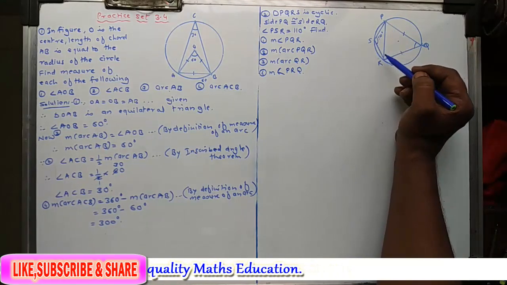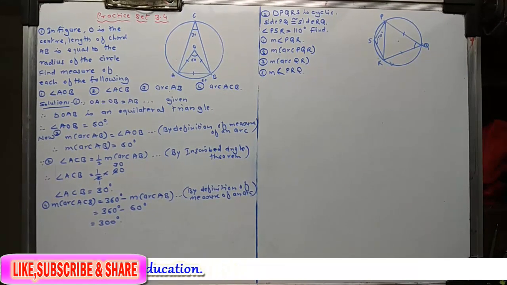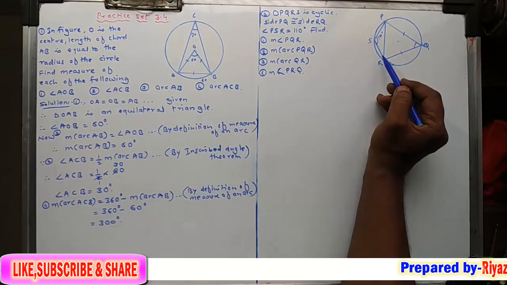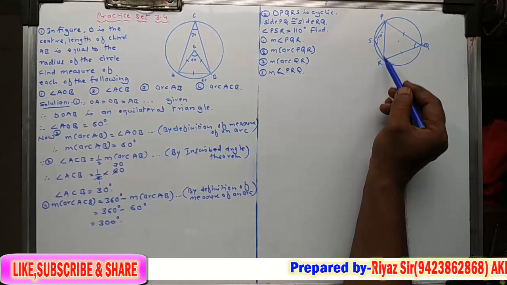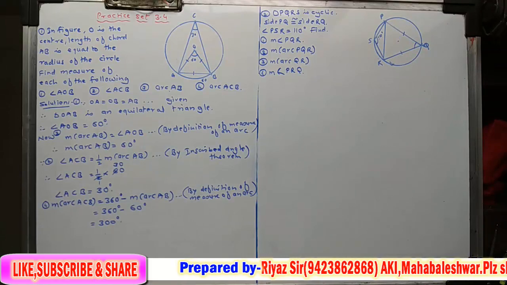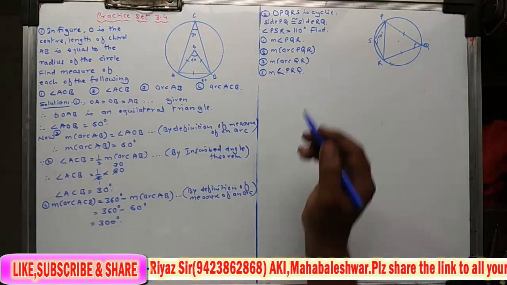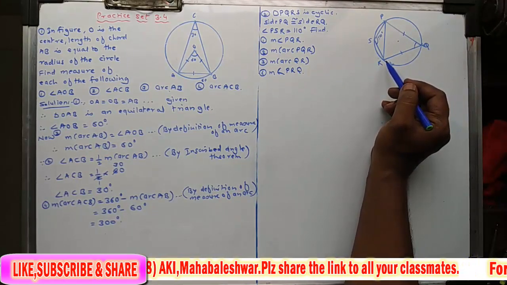So this intercepted arc will be 140 degrees, double of it. So the measure of this major arc PQR is equal to 360 minus 140, which is 220. So the measure of arc PQR is equal to 220 degrees.